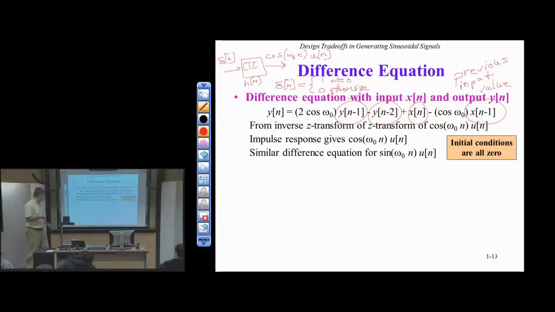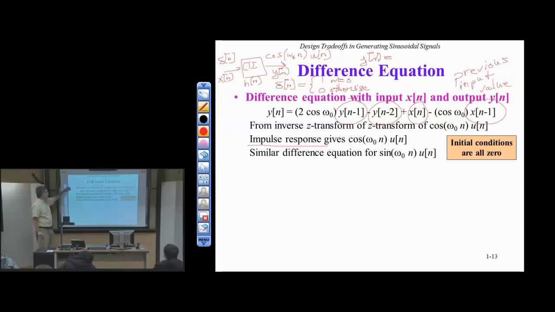But this is the notion of an impulse response. So the definition of an impulse response is it's the response of the system to an impulse. That's it. So what I'm saying here is this difference equation, which relates the input x to the output y, has an impulse response that's exactly the one-sided cosine. So the way to think of the system is if I have x as an input and I have y as an output, then another way from system theory, what's another way I can compute y?